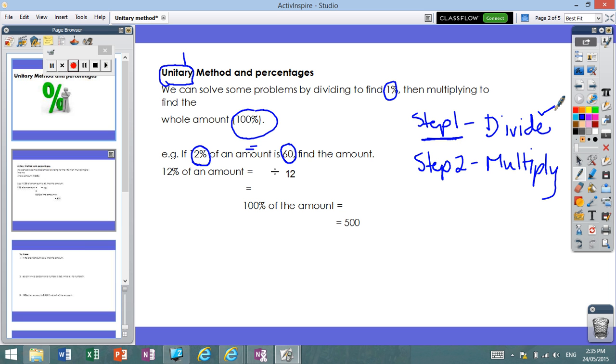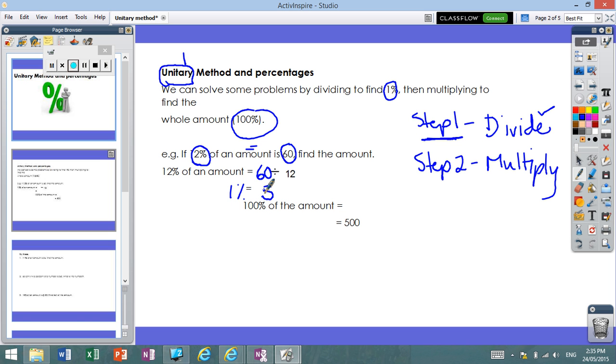We've got two figures here, 60 and 12. So we want to divide 60 by 12, the 12%, because that will give us 1%. And we want to find out what 1% is. So 60 divided by 12 equals 5. And you've found 1%. 1% is 5 for this particular question.